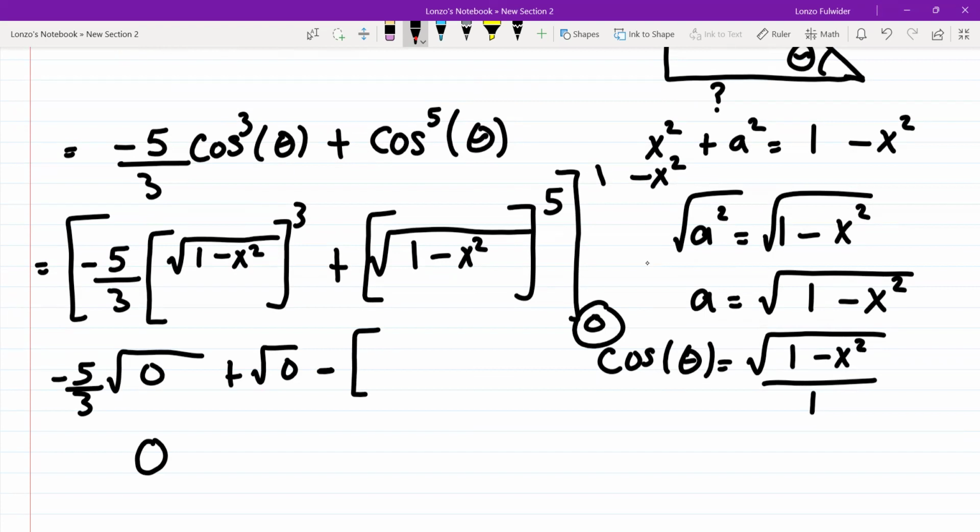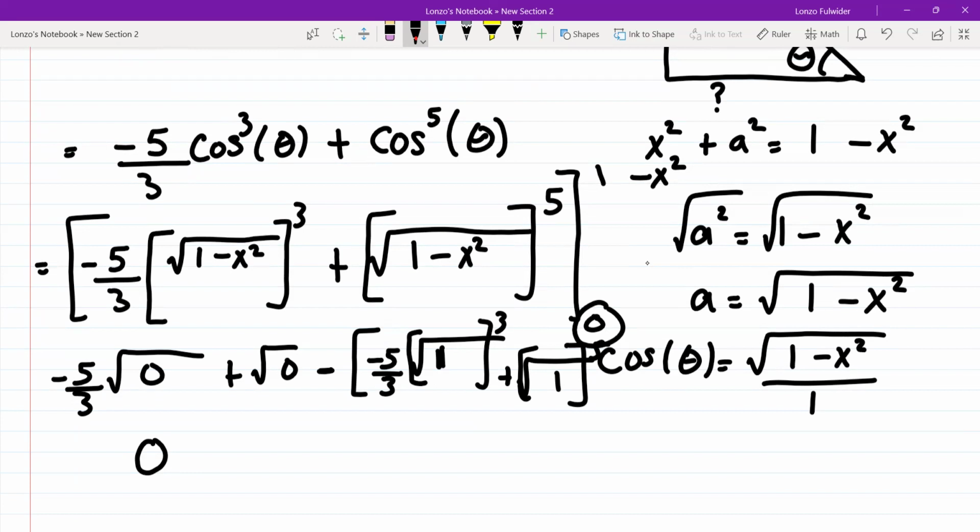It's going to be negative 5/3 square root of 1 minus 0 squared, which is just square root of 1, and then this is raised to the third power, plus square root of 1 minus 0 squared, which is 1, and then you have to raise that to the 5th power.